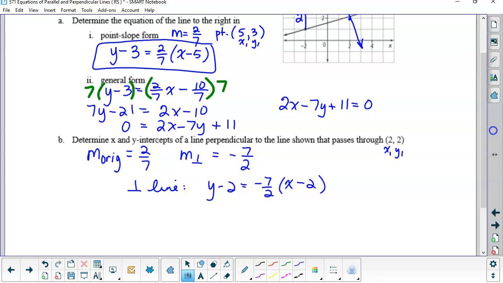Now you could, from here, find the x and y intercepts. Put 0 in for x, solve for y, put 0 in y, solve for x. I'm going to work through this and get it into that general form, just because it makes it nicer once you're finding the intercepts. So to do that, I expand.